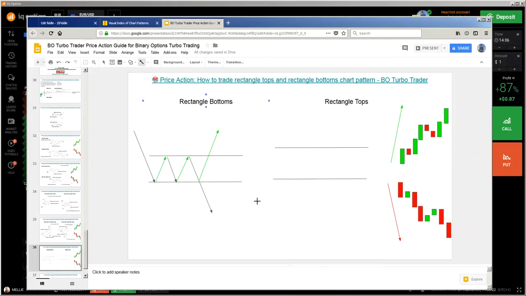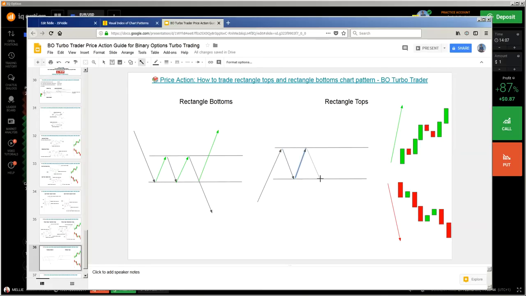The other one is the rectangle tops, which go in this manner, so you have to check it also here. It's also some kind of 50%, maybe 60% that it's going down, but 60%, 50%, or 55% is all the same.